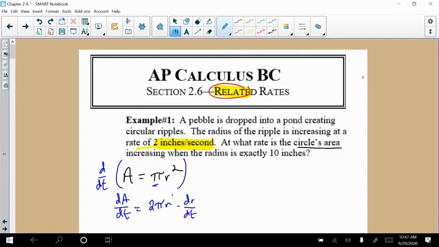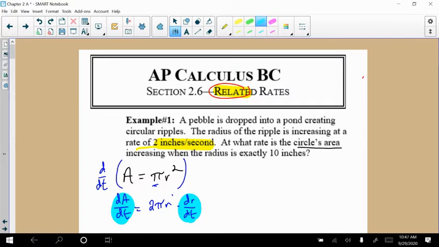I want to emphasize, again, both of those quantities: this quantity is a rate, and this quantity is a rate. If you keep the numerators organized, this side is the rate the area is changing with respect to time, and this is the rate the radius is changing with respect to time. So now I have a starting relationship that has introduced the element of time.